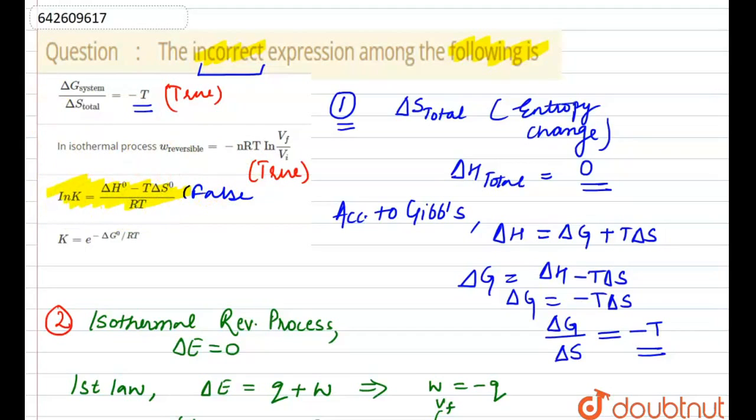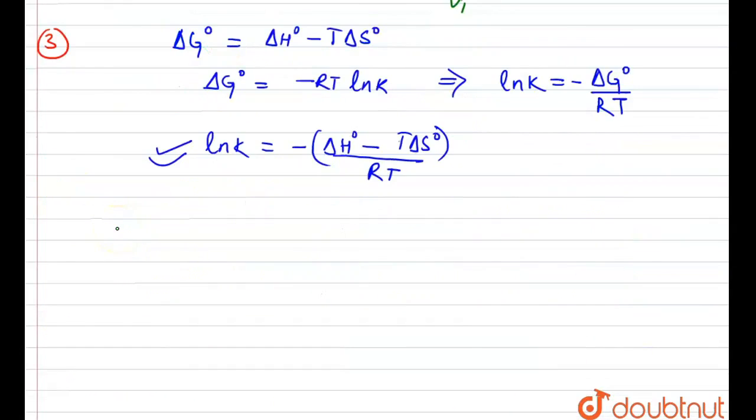Now if we look at the last one, K equals e raised to the power minus delta G naught divided by RT.